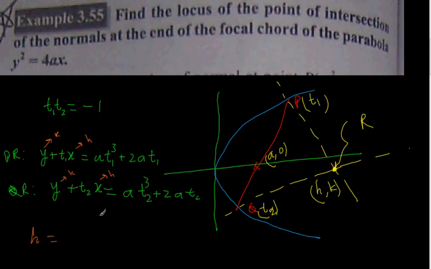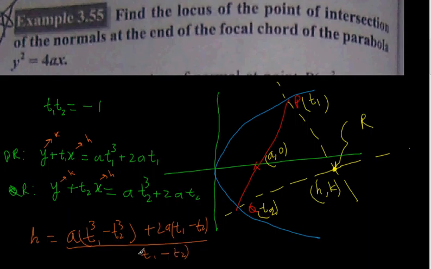Then you will get T1 cube minus T2 cube plus 2a (T1 minus T2), divided by T1 minus T2.